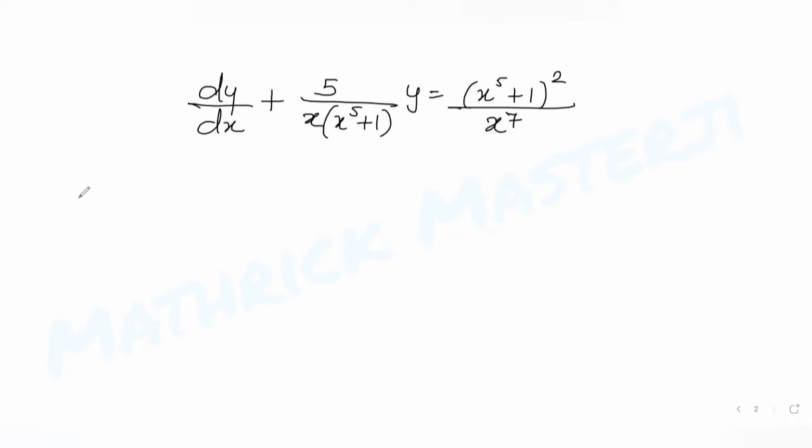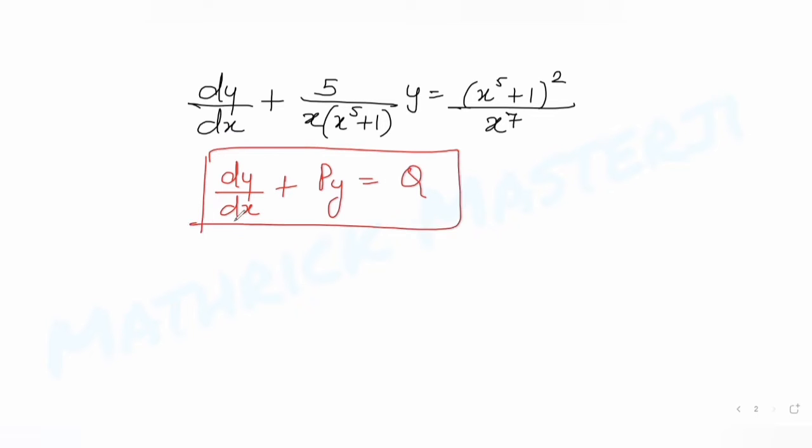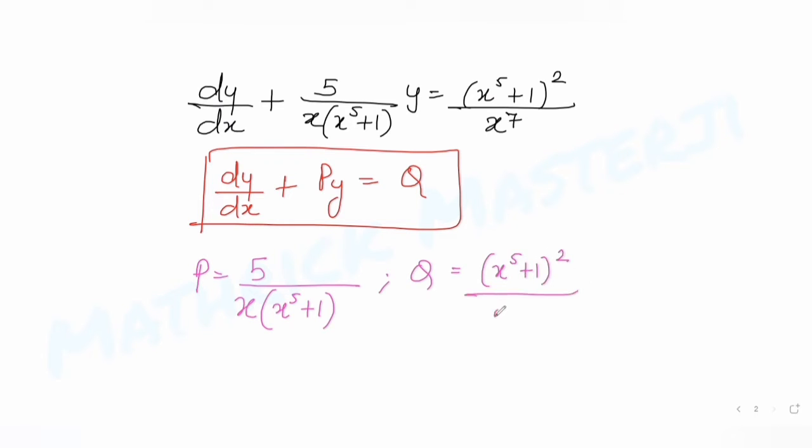If I compare my differential equation with the general form dy by dx plus py equals q, from here I understand p equals 5 over x to the power 5 plus 1, and q equals x to the power 5 plus 1 the whole square divided by x to the power 7. So I have p, I have q with me.